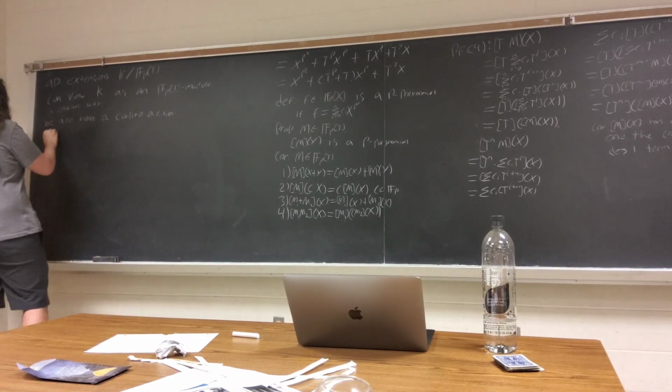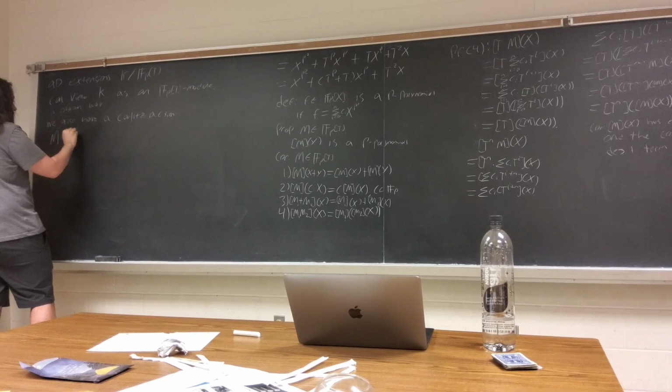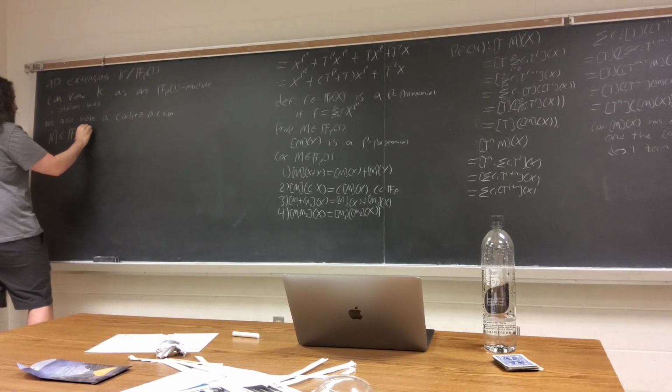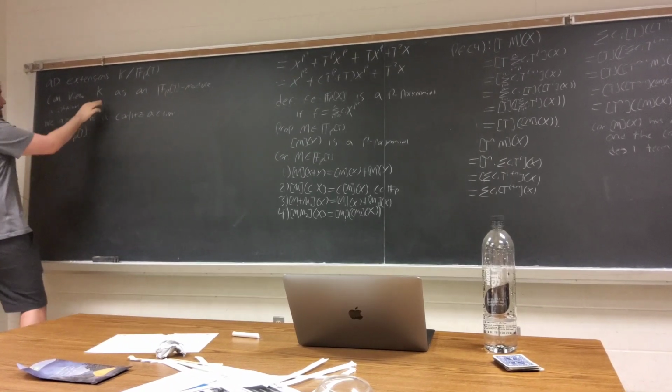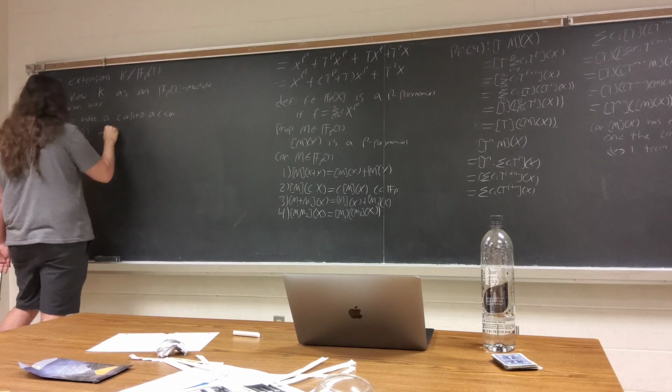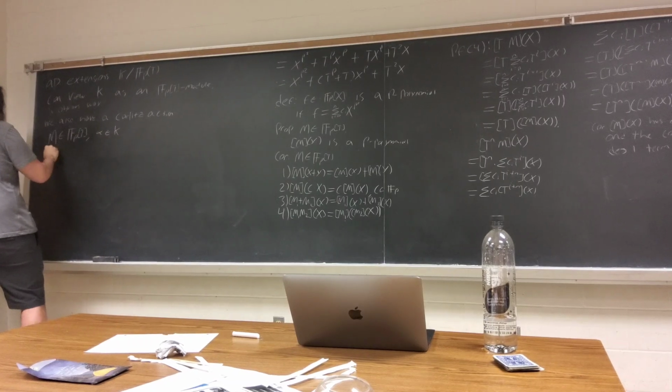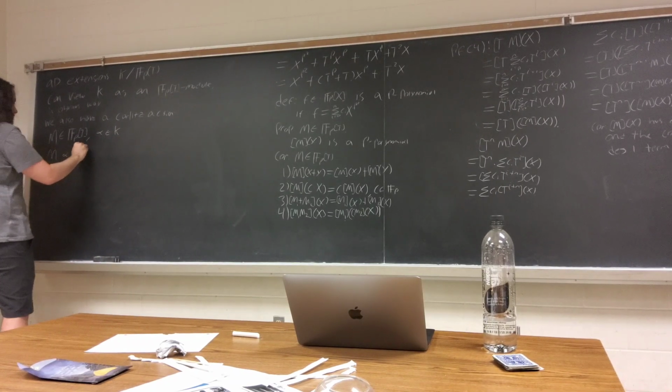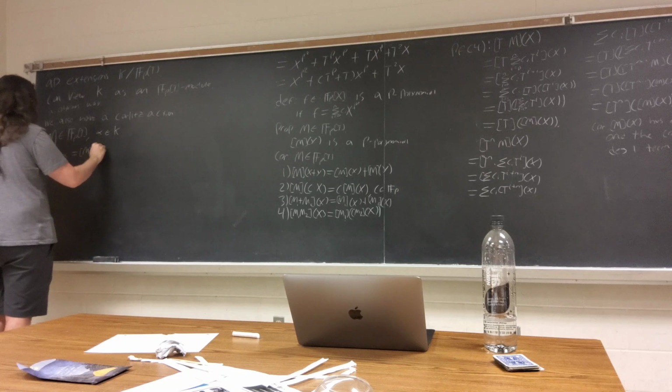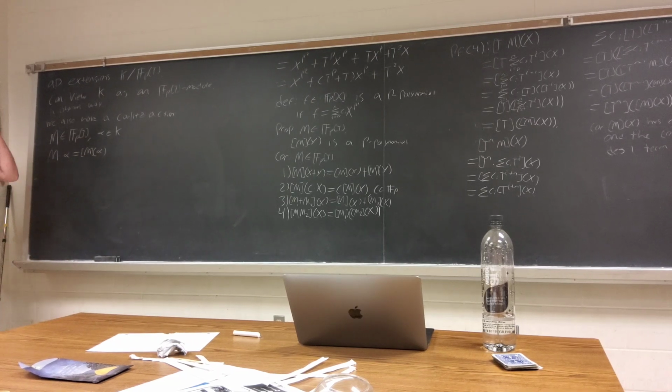If we have some m in here, we can let it act on an element of K: m acting on alpha is just going to be this Carlitz polynomial evaluated at alpha.